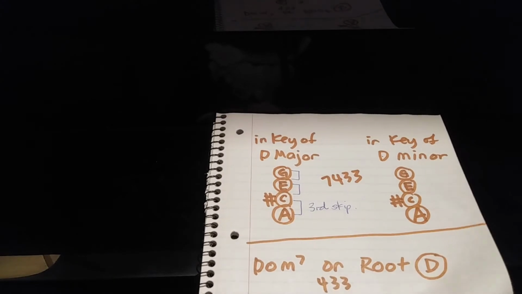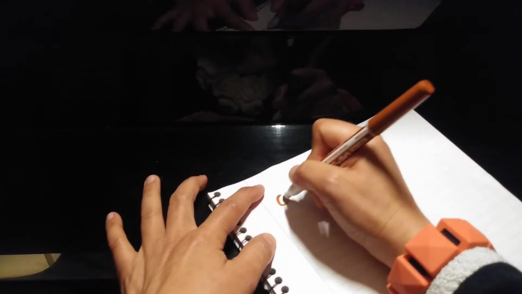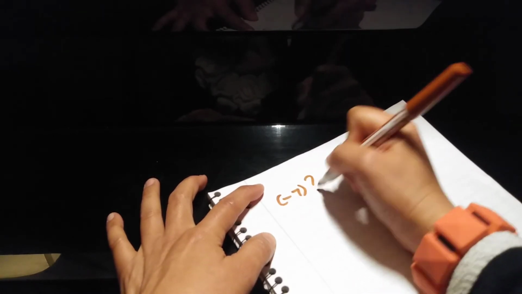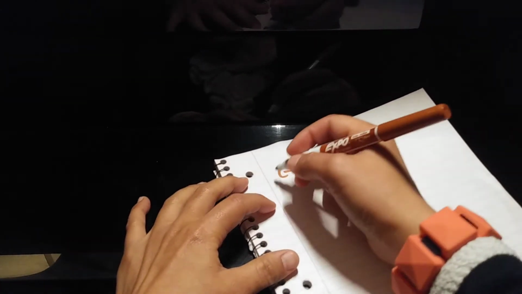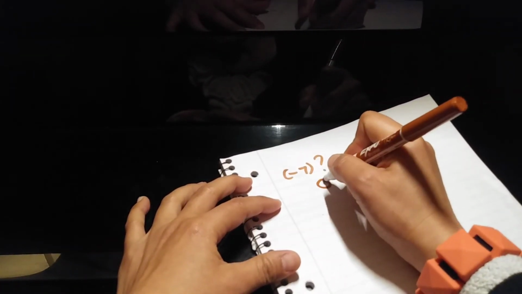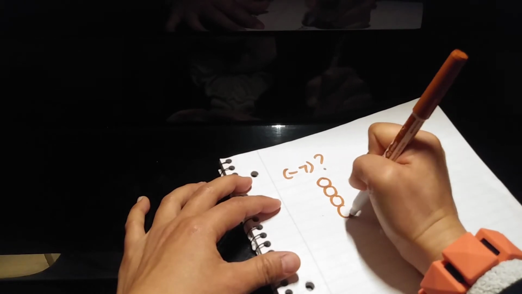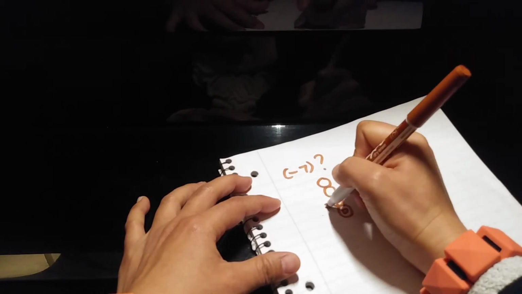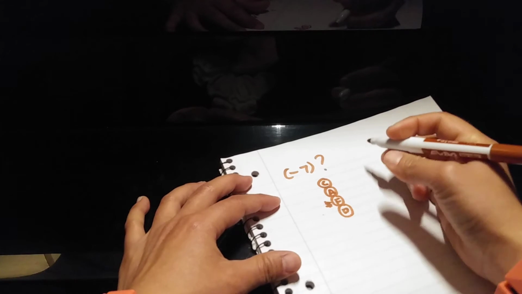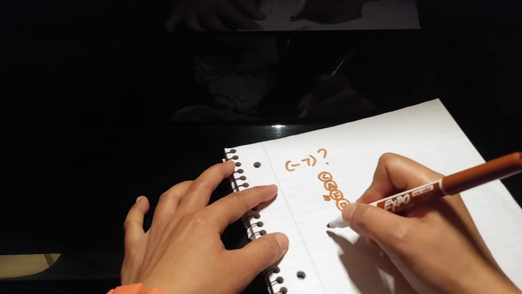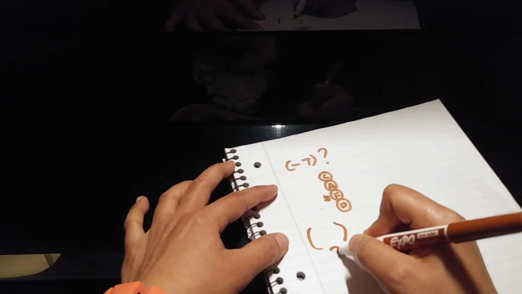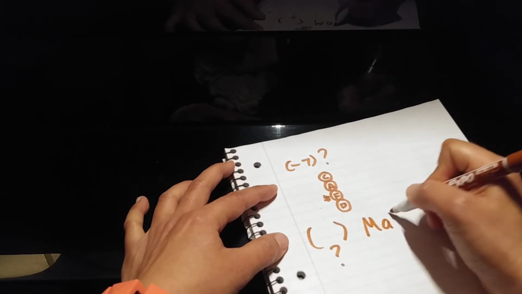And the last example is when do you use the minus 7. Remember there are a total of 3 types. For example, they give you this: D, F sharp, A, C. Then I ask you, what is the major?